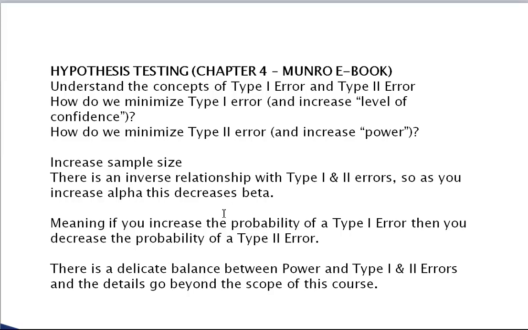You don't want your alpha to be large, because then you're increasing your error. You're increasing your type 1 error when you decrease the probability of type 2 error. It's a delicate balance, and it goes beyond this course.